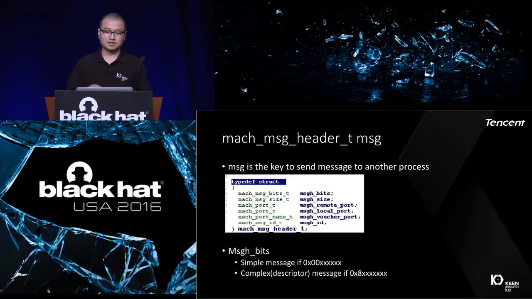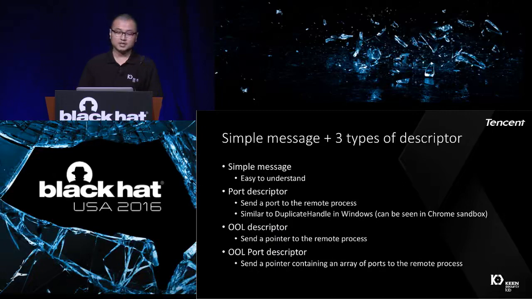So from the parameter of mach message, you can find that there is mach header bits, whose highest bit, if it equals 0, means it's a very simple message, and 1 means it is a complex message, which involves a port or OOL or something like that. So actually, there are 4 types of messages.